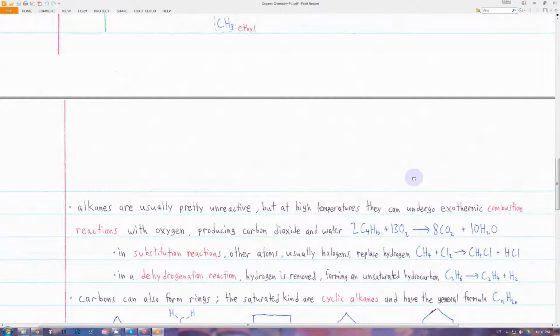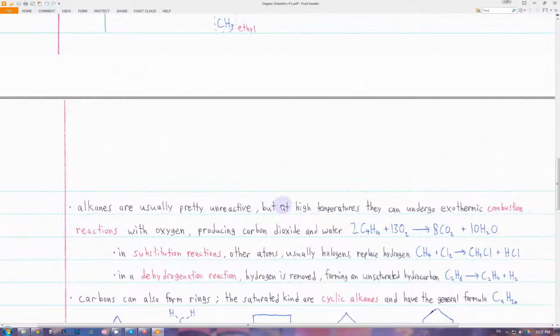So lastly, we're going to look at some of the types of reactions that alkanes can undergo. Now, under normal conditions, alkanes are usually unreactive because the bonds in them are relatively strong.